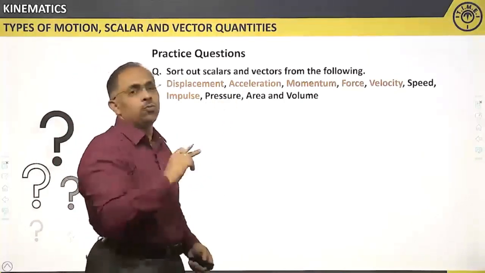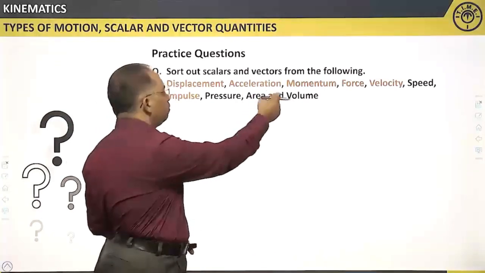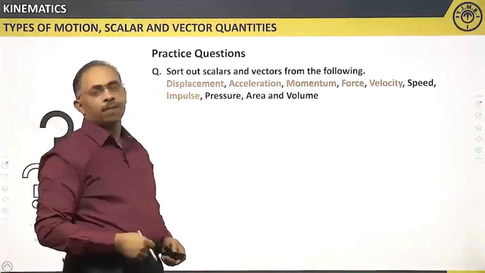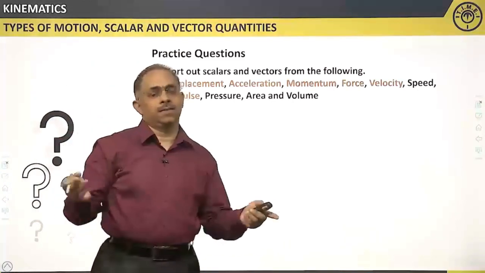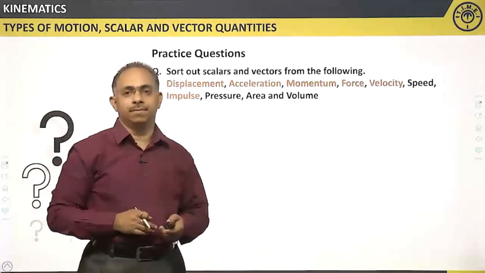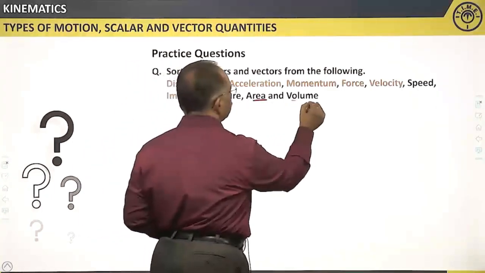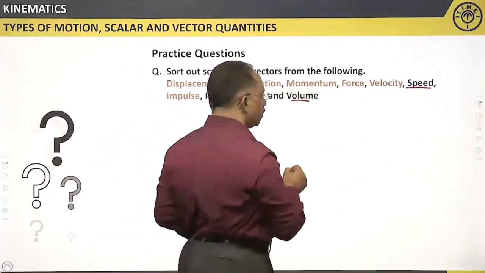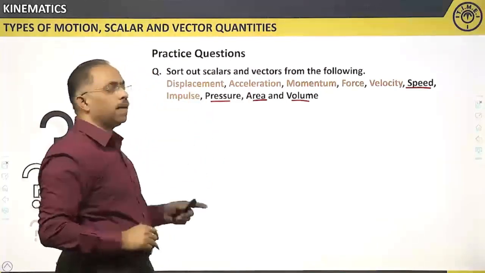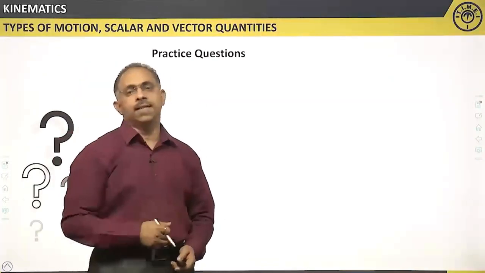These quantities will be vectors. If you want to measure the volume, area, pressure or speed, is it clear? They don't require direction for their description. Only magnitude is enough. So these are scalars, and the rest, these highlighted things, are the vectors. Is this clear? Let us see the next question.